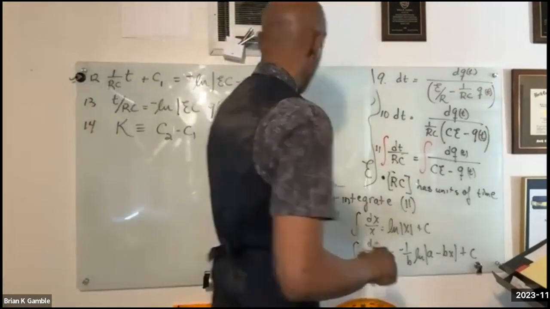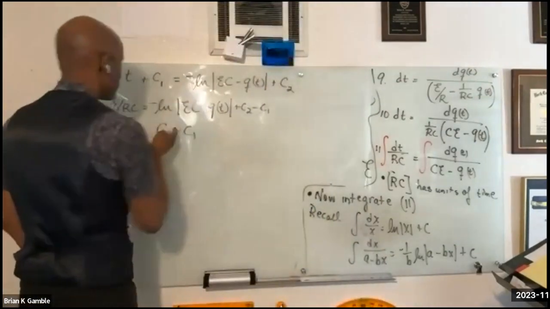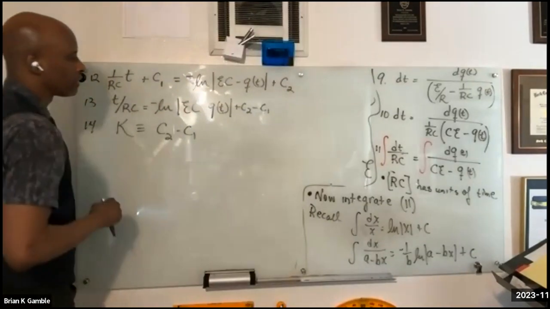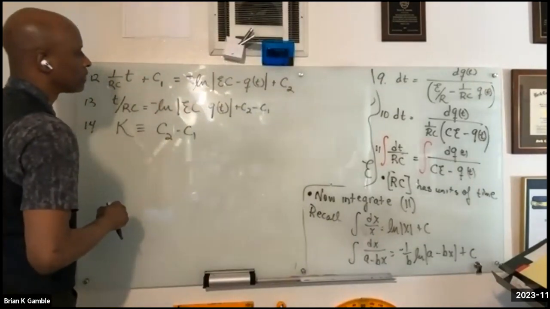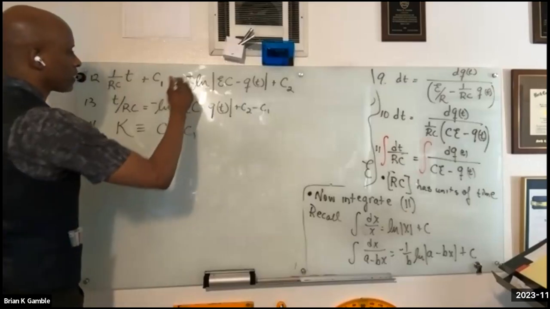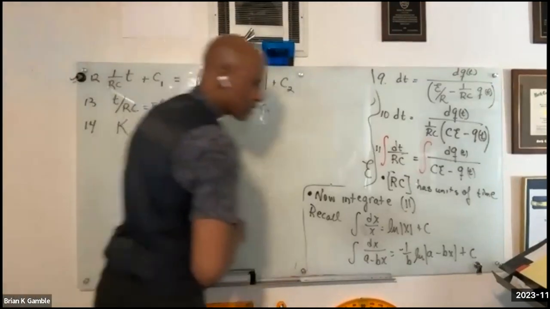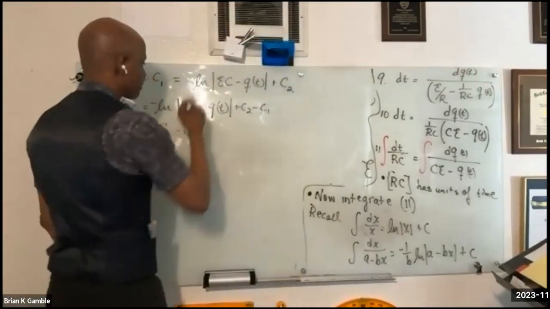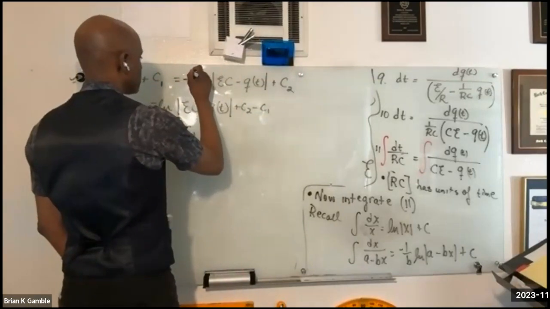And I'm going to take this minus sign over on the other side. In fact, I could have kept that in parentheses. I should have. That's a little bit deceiving.